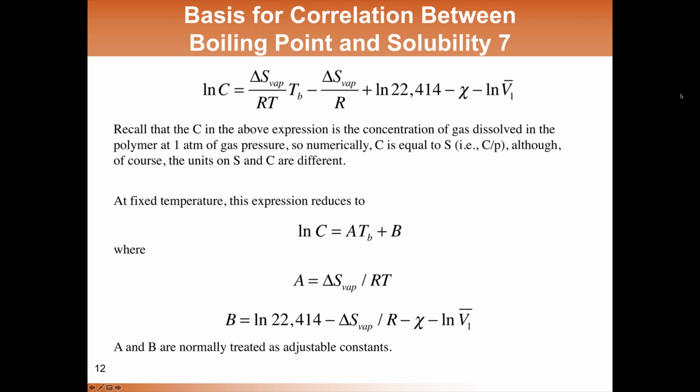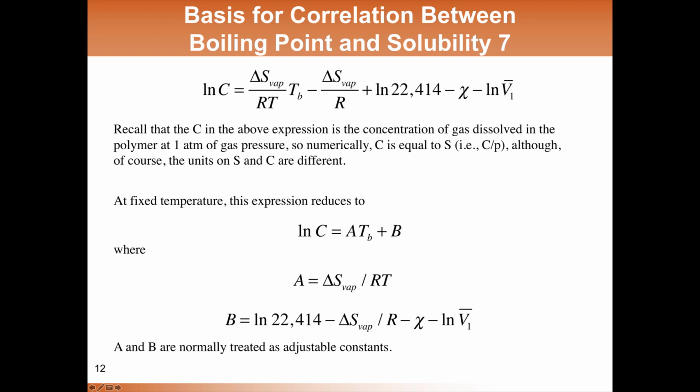Now, C in this expression is the concentration of gas dissolved in the polymer at 1 atmosphere. And so numerically, C will be equal to S, although the units on C and S will be different. Units on C are cc's of gas at STP divided by cc of polymer, and then on solubility will be the units on concentration divided by pressure.